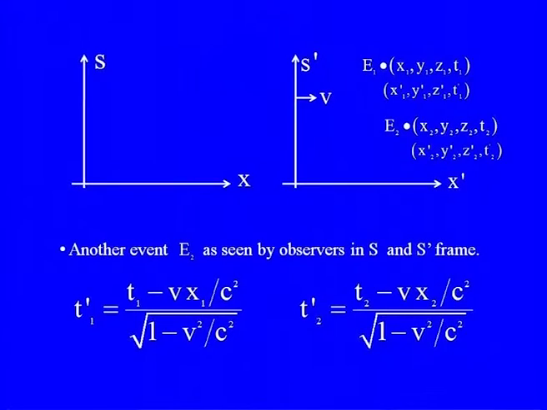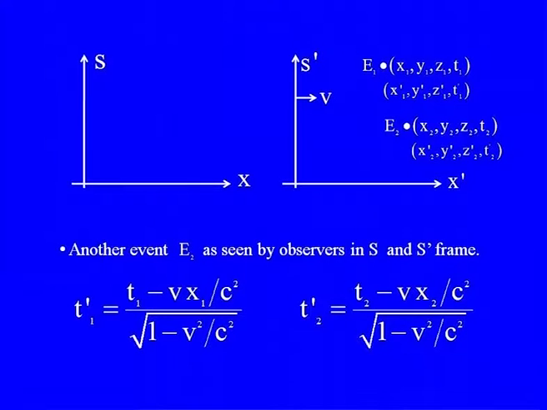Now, if we talk of another event seen by the observer in the S and S prime frames, it occurred at a different position and time altogether. So, what's the relation between these time components? We know t1 prime is equal to t1 minus v x1 by c squared, divided by root over 1 minus v squared by c squared.